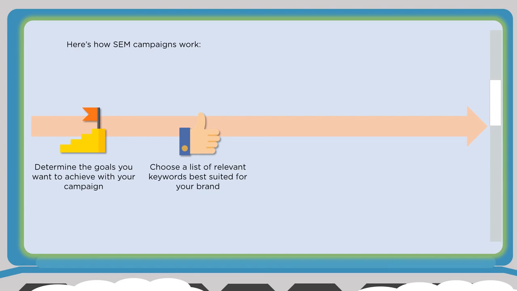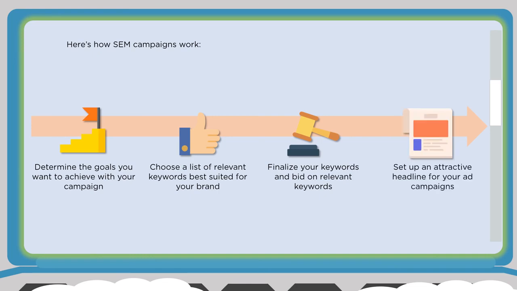You could choose keywords related to what your brand is trying to offer, whether that be a service or product. And once you choose a relevant list of keywords, you can finalize those keywords and then bid on them. So once you start bidding on them, then what you're going to do is align those keywords with a headline. So it's all done within the framework of any platform you're advertising on.